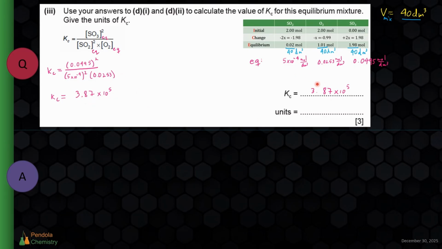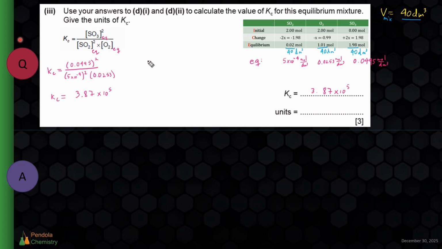We also need to figure out what our units for Kc are going to be. In order to do that, I want to do this in a different color, so let's do orange. We're going to essentially do the exact same math we just did, but instead of doing it with the numbers, we do it with the concentration units.